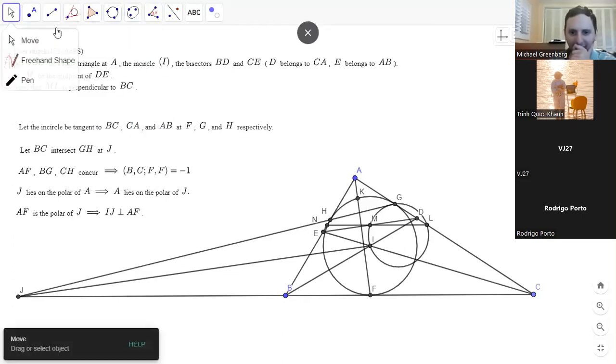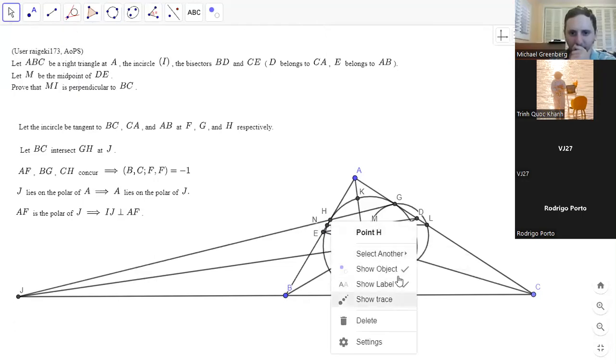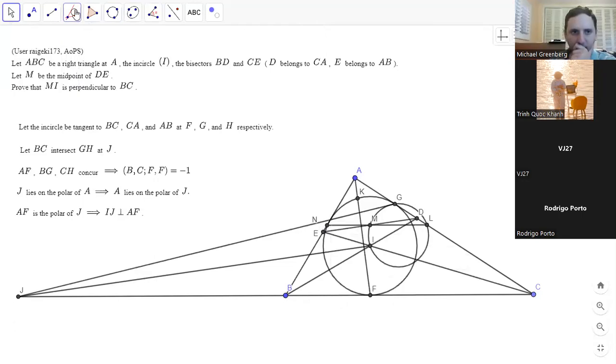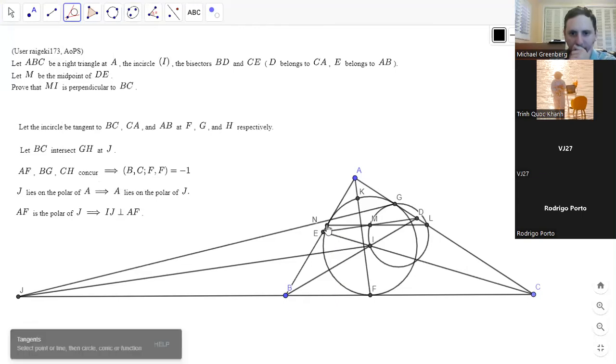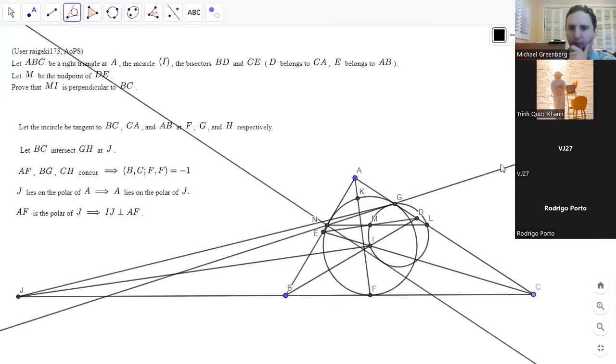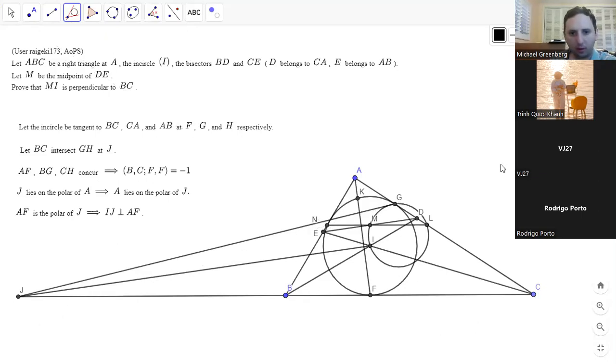I keep selecting H. Let me hide H. Okay, I think I remember how to solve it. Oh, you found it? Yes. You take M to be the intersection of line IF with ED, and you want to prove that AM is the median of BAC.